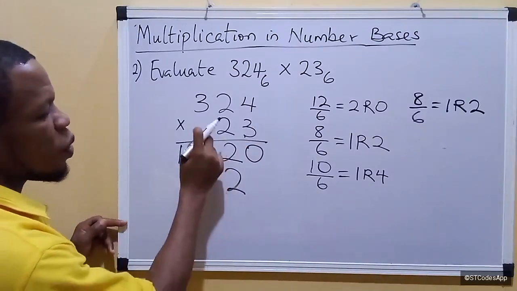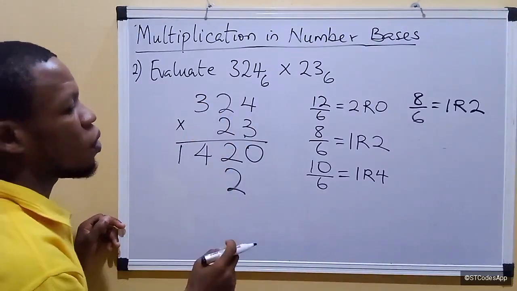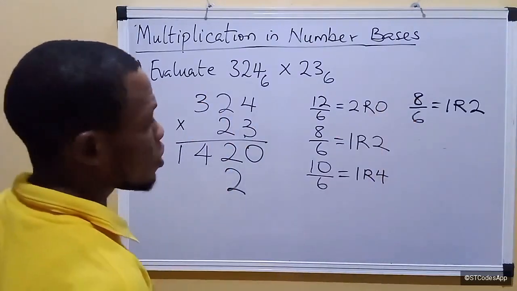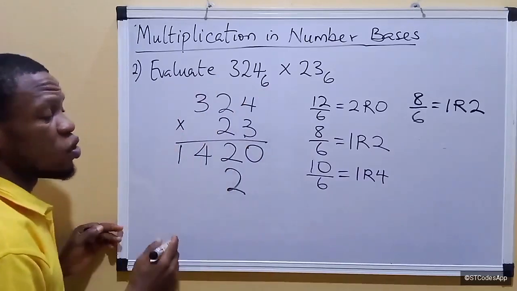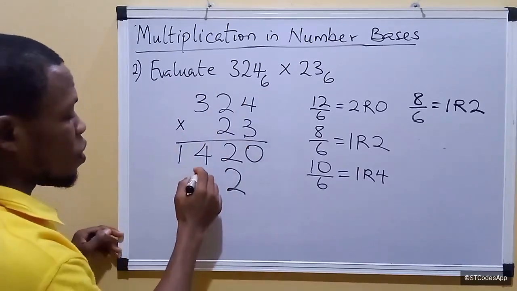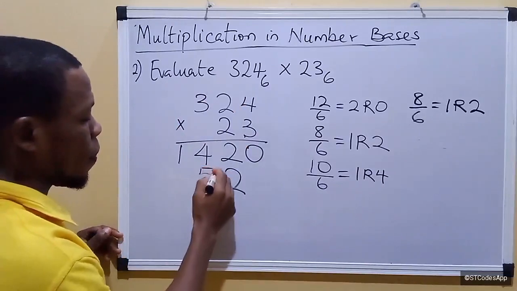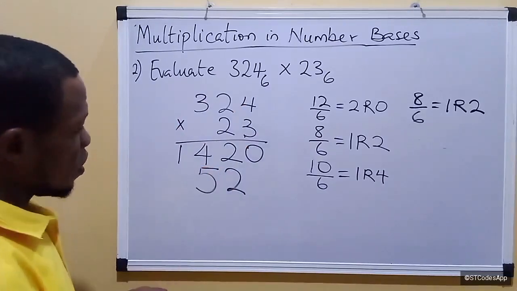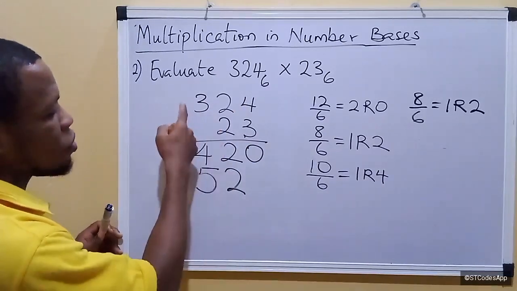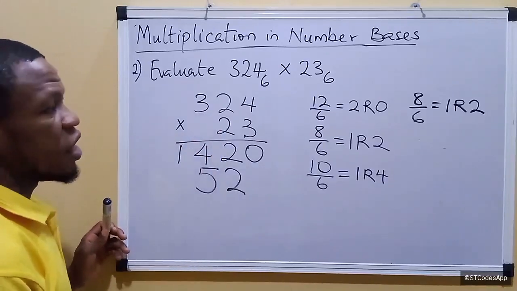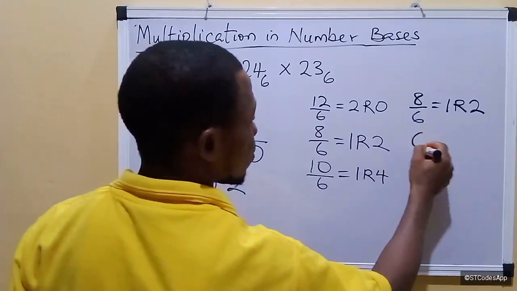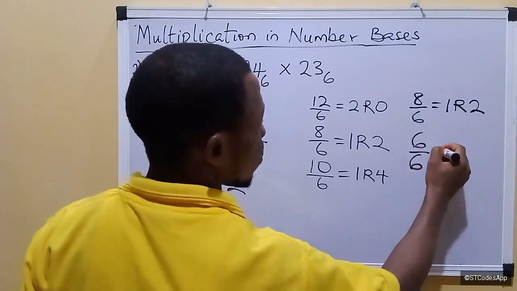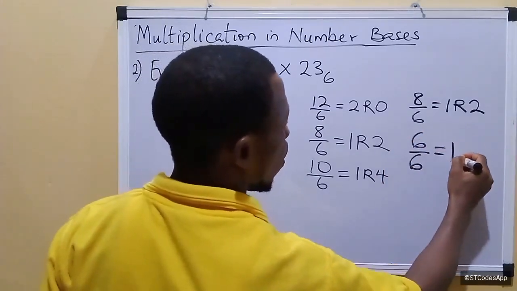Now in the next multiplication we have 2 times 2, which is 4, plus the 1 that was left here, which is 5. And 5 is less than 6, the base, so we are not going to divide this time. We write it down. Then the next will be 2 times 3, which is 6. It is equal to the base, so we divide. We have 6 divided by 6, which is equal to 1.